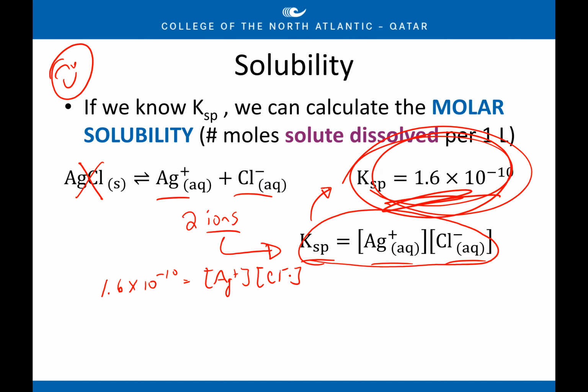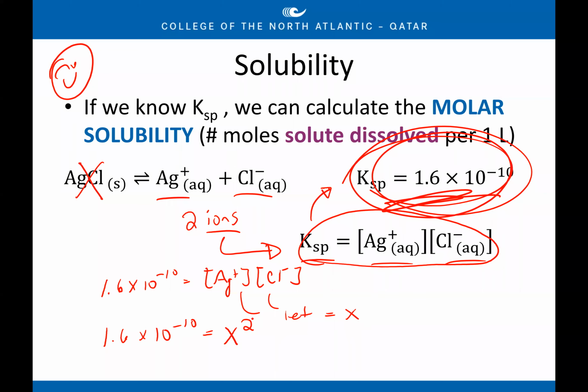I don't care about aqueous, so I'm not going to put it in there. Take a deep breath. Here we go. Are you guys ready? Here comes the math. I'm going to let these equal x. So I'm going to convert this equation into 1.6 times 10 to the negative 10 equals x squared. The chemistry is finished.